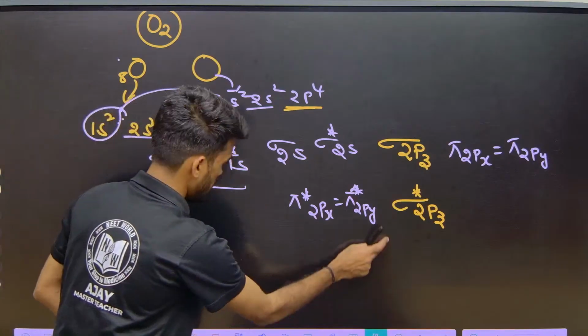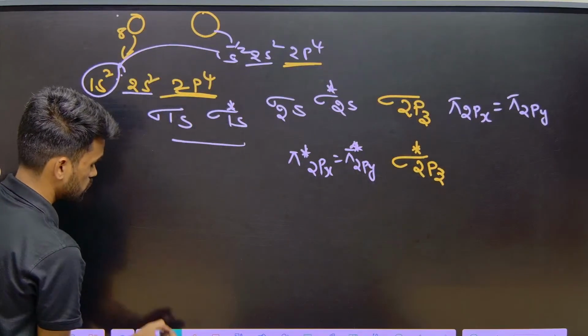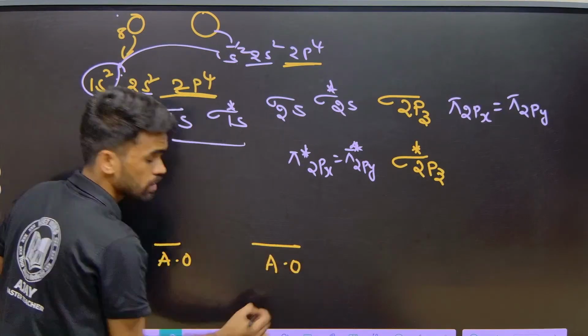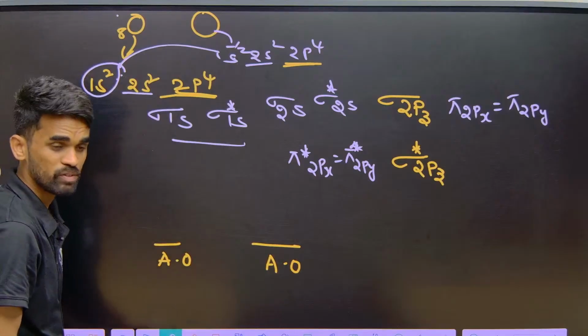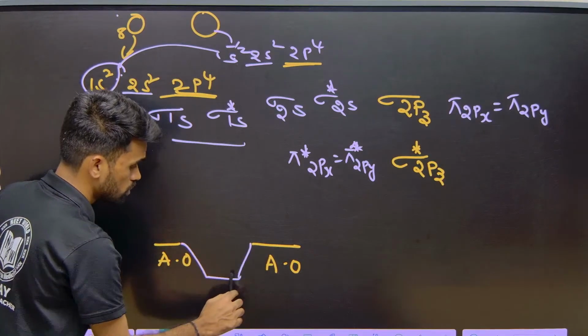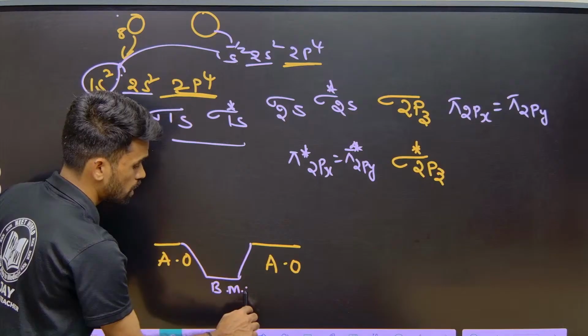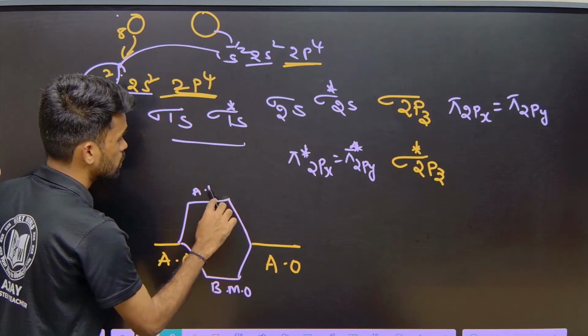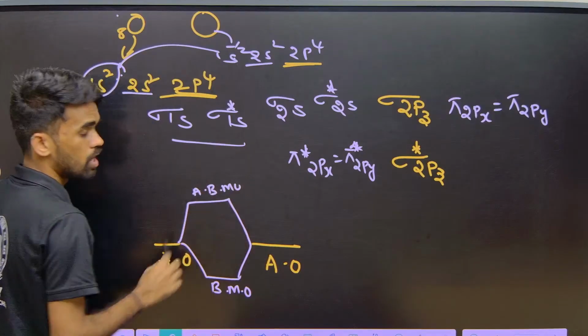Similarly, when I have two atomic orbitals, they undergo constructive interference to form a bonding molecular orbital and destructive interference to form an anti-bonding molecular orbital.